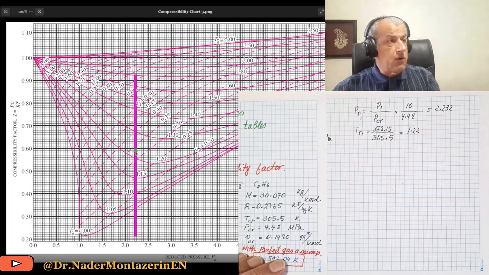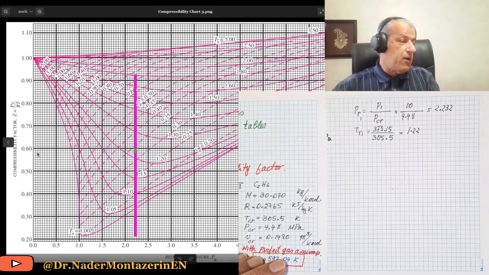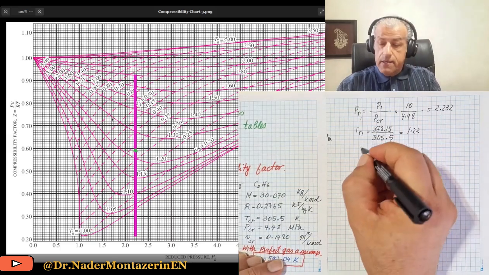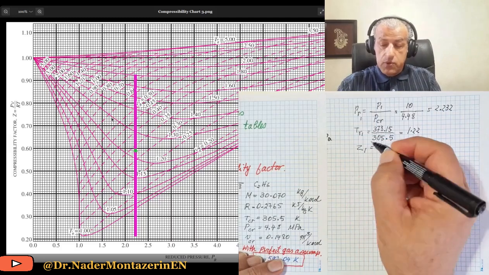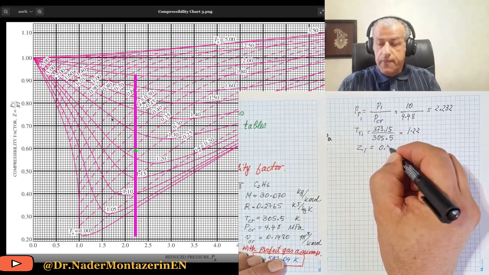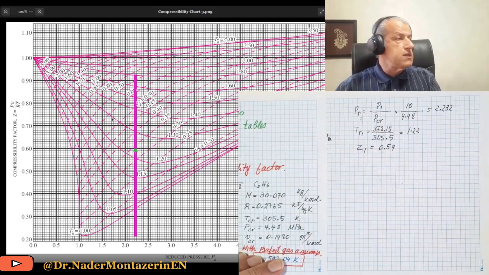And once we know our point, we can do two things. I mean, we are using this equation, but on a chart. So we could read Z from it, which is somewhere around 0.59. And also on these dashed lines, you could read VR from it. So Z for point 1 is 0.59, which is somewhere here.